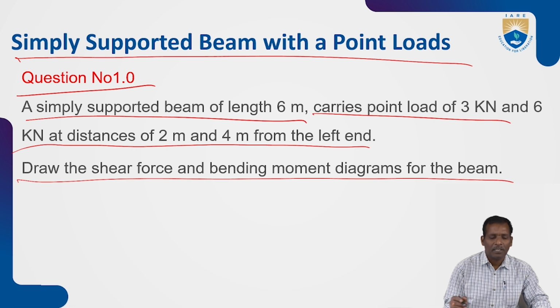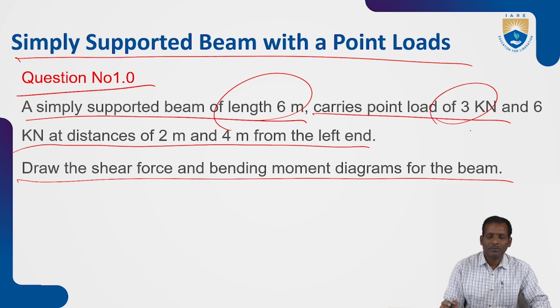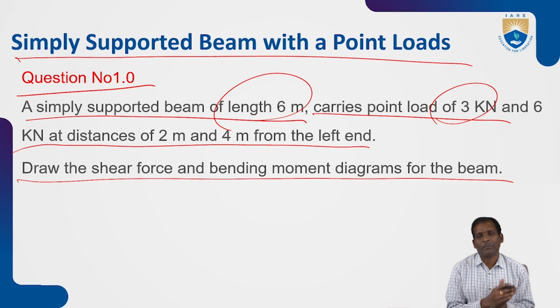The length is 6 meters, and the distances are given from the left hand side only. You know the simply supported diagram, how to draw the load diagram, shear force and bending moment. But here it is asked to draw the shear force and bending moment diagrams for the given beam.